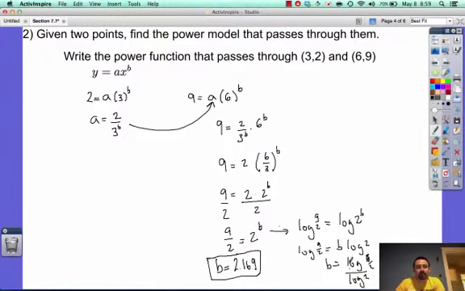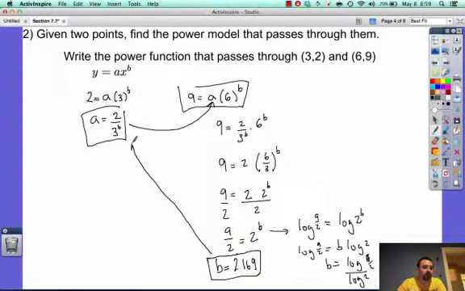So finding b took more work for a power function than it did for an exponential function. I'm not quite there yet though. I need to figure out what a is. So what I'm going to do is use this information and either this equation or this equation, it doesn't really matter which one, to find a. Now I think it's infinitely easier to use this equation, so I'm going to plug b in here. So a equals 2 divided by 3 to the 2.169.